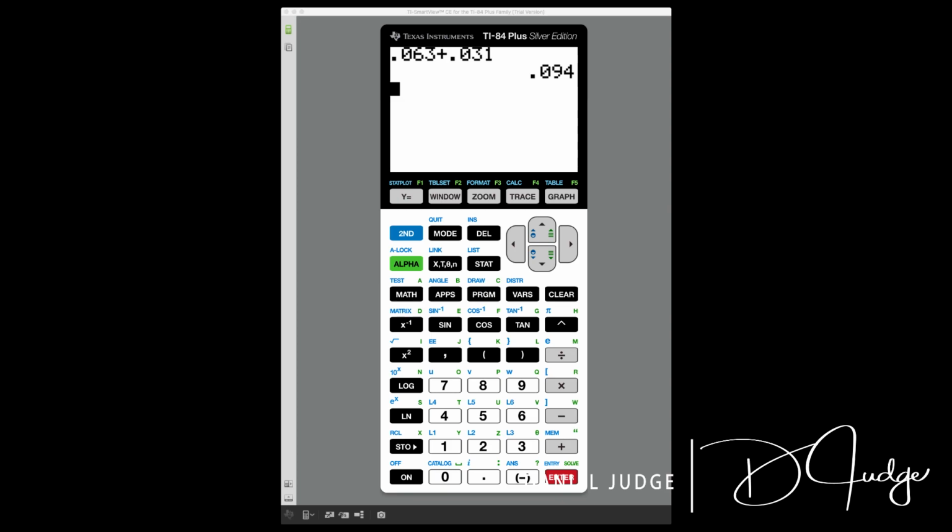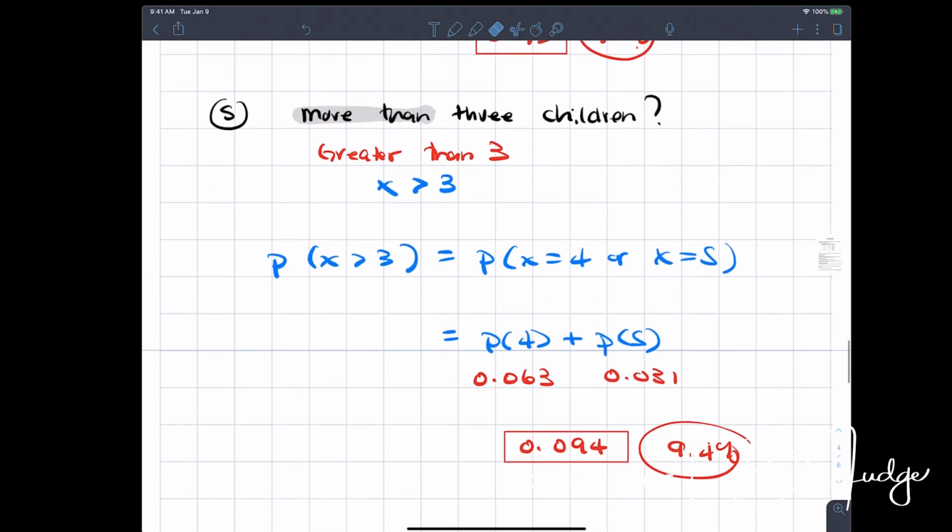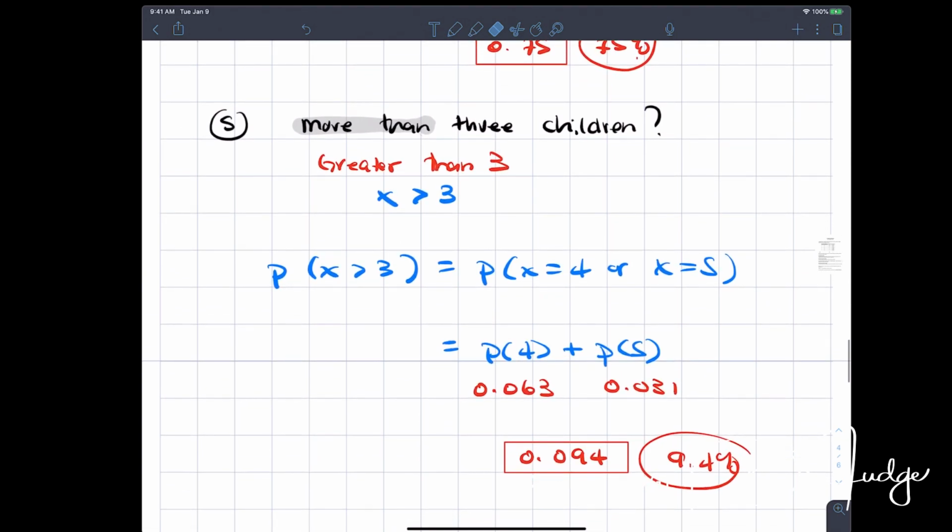Okay, so let's look at this. 0.094. What this means is about 9.4%, right? 9.4% of couples in this table have simply more than 3 children. That's what this means. Okay, so don't include the 3.